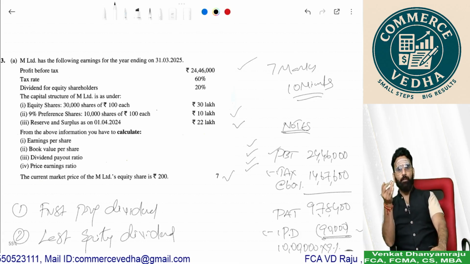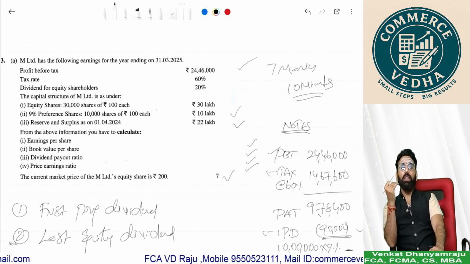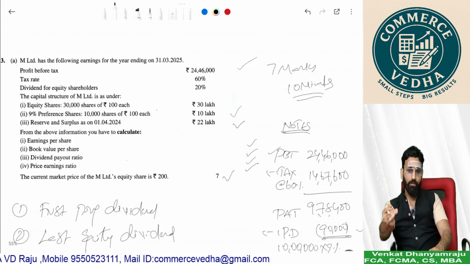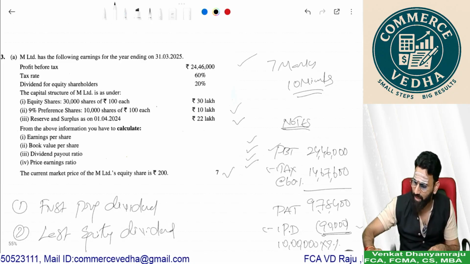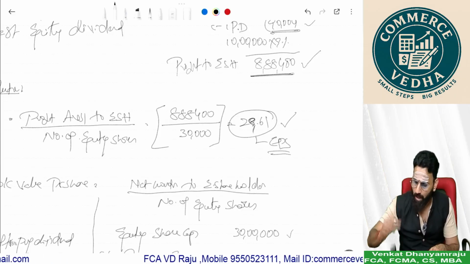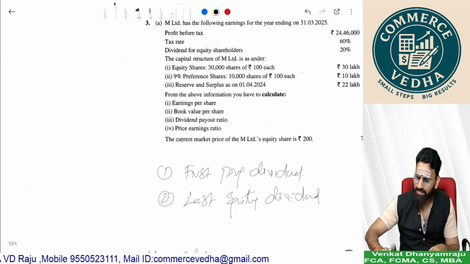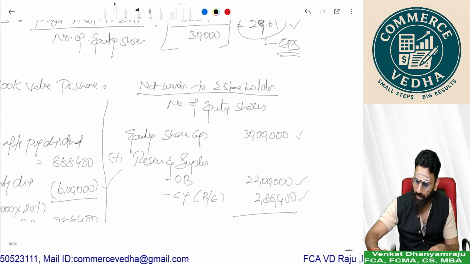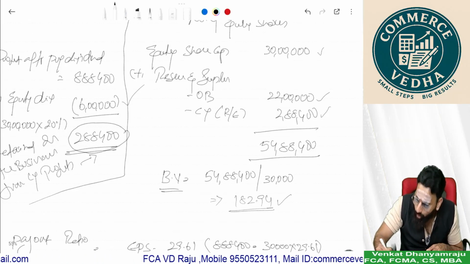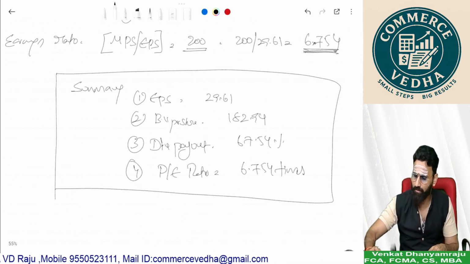If the amount paid to equity is less than the profit available after tax and preference dividend, in this case the profit available is 8,88,400, but we paid to equity just 6 lakhs, so we saved 2,88,400. That should be added to my retained earnings of the current year.